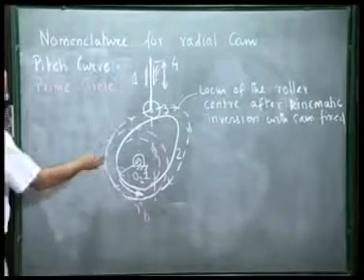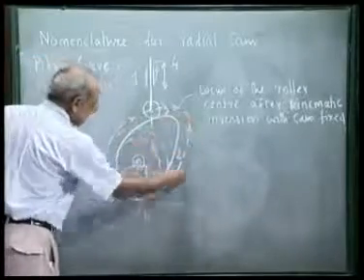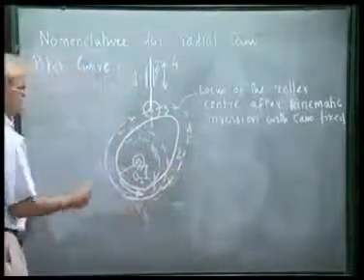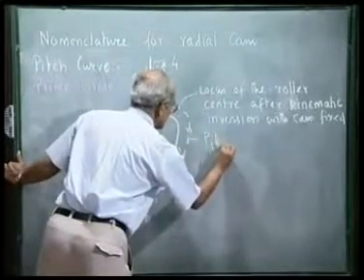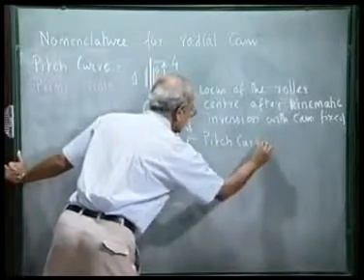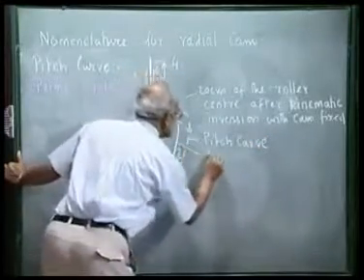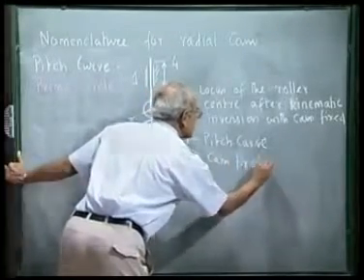So, what we see that base circle to the cam profile is nothing but the prime circle to the pitch curve. This is pitch curve. And this is cam profile.